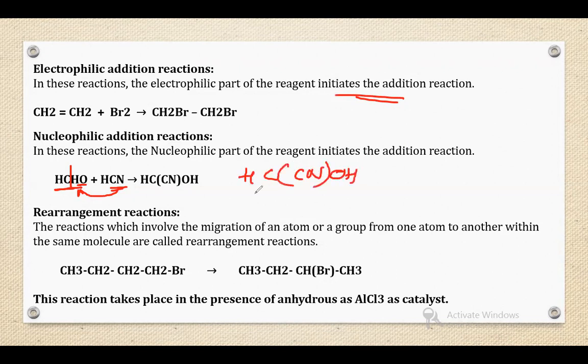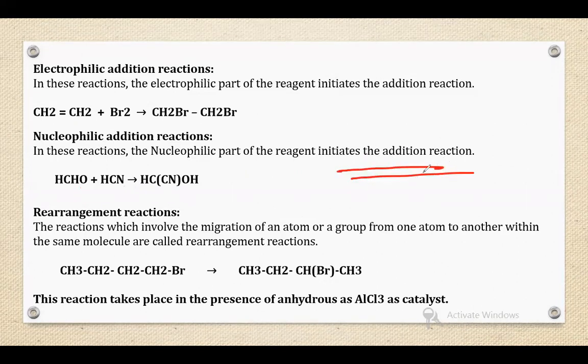So the group will be added. This CN group adds to the positive part CH plus, between the negative part OH minus and CH plus. Here the positive part initiates, and here the negative part initiates, responsible for enhancing the chain of reaction, that is addition reaction.